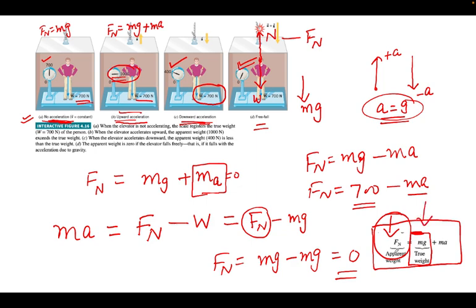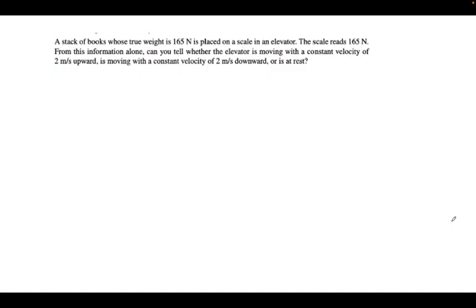The apparent weight has different values depending upon the scenarios, and it depends upon the acceleration of the lift, whether it is moving upward, moving downward, in a free fall, or at rest. So let us try a numerical problem related to the same case.